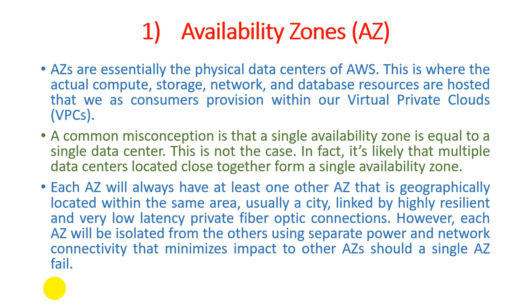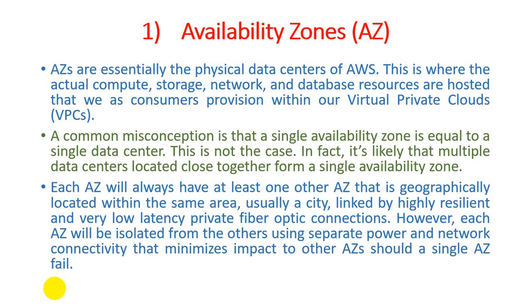Each AZ will always have at least one other AZ that is geographically located within the same area, usually a city, linked by highly resilient and very low latency private fiber optic connections, because communication from one AZ to another is required since data centers are in different geographical locations.